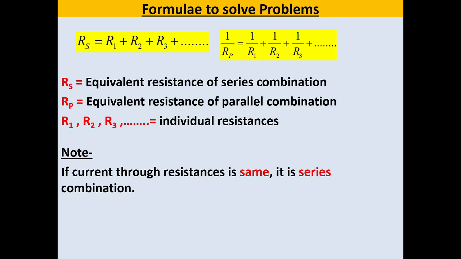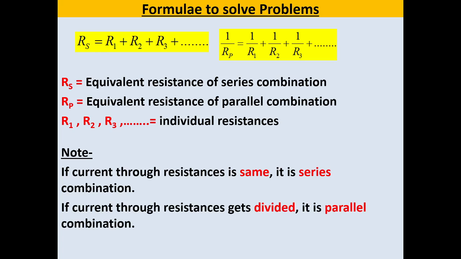Note that if the current through the resistances is the same, then it is a series combination. If the current through the resistances gets divided, then it is a parallel combination.